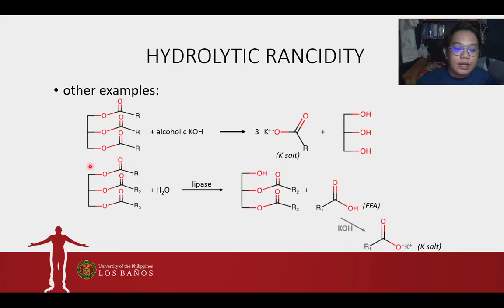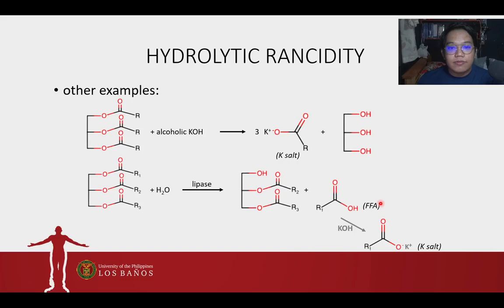Yung one fatty acid attached to your triacylglycerol will be free from the mother. Tawag natin itong mother, no? Tapos ito si daughter. So out of the 3 daughters, yung isa naging free. So yung free na yon ay due to the presence of water with the enzymatic activity of lipase. And with the presence of KOH, nagkakaroon tayo ng potassium salt. Like this one. Okay?